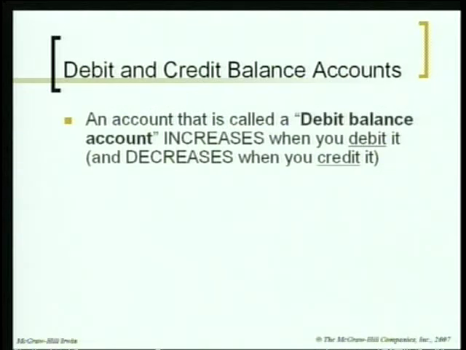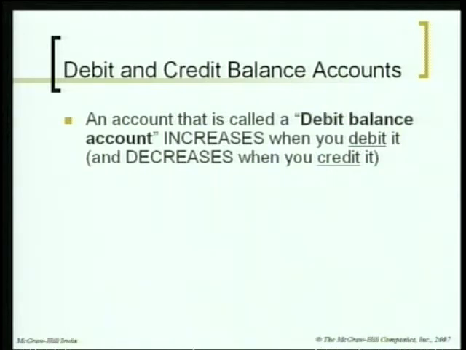Now, we call an account that increases when you debit it a debit balance account. Cash is what we call a debit balance account. Thus, that's how you increase it. You debit it. For a debit balance account, increases are kept track of on the debit side and decreases are, thus, on the credit side.